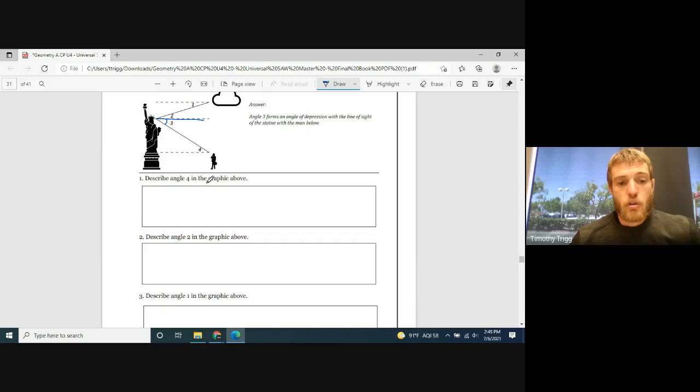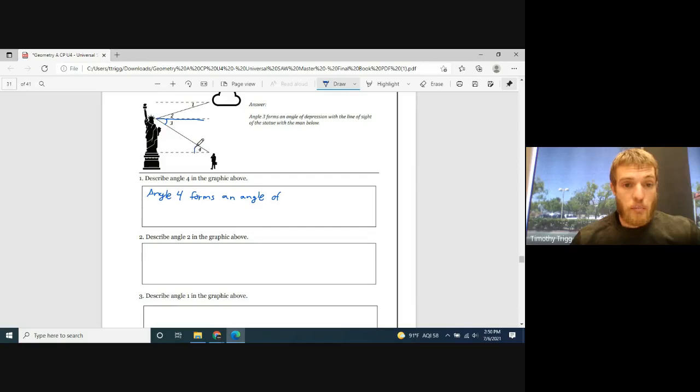What would be a description for angle 4? So here we would write angle 4 forms an angle of, would this be an angle of depression going down or an angle of elevation?